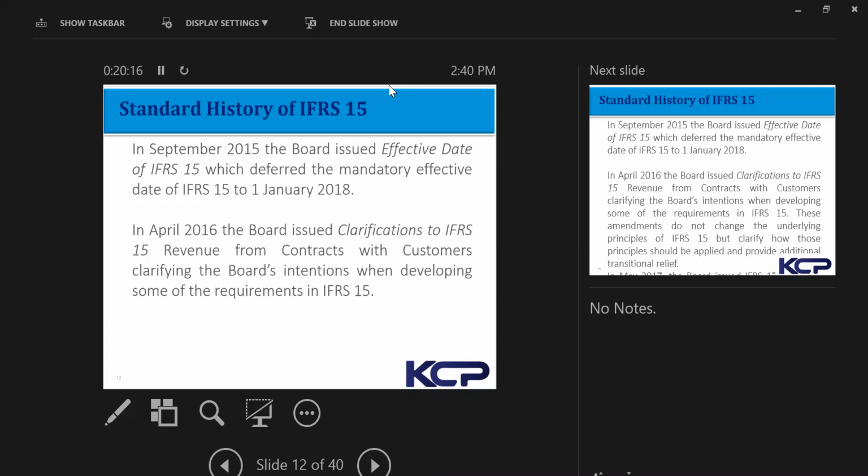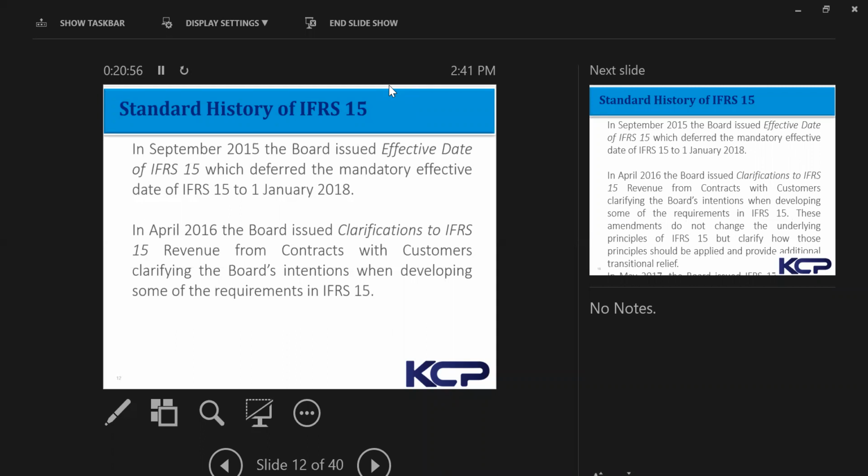A lot of work had been done before that date, dated September 2015, but the effective date was 1st of January 2018, while that of IFRS 16 was 1st of January 2019. Hence, the standard says that if you prepare financial statements of prior periods, and you choose to adopt IFRS 16 earlier than its effective date, you must make sure that you are fully compliant with IFRS 15.